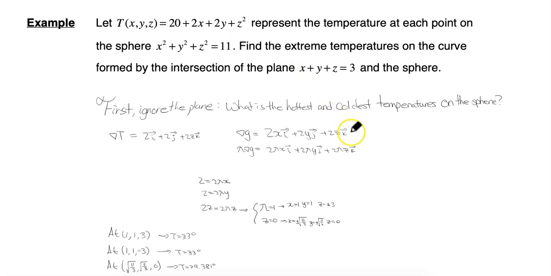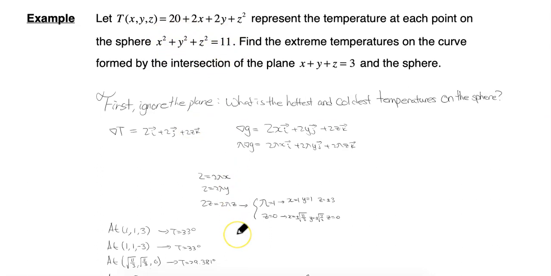So del g yields this, and lambda del g yields that. Now this gives us a series of equations. We can identify components. We will have 3 equations that include lambda, and then we will have the constraint x squared plus y squared plus z squared equals 11 as well.